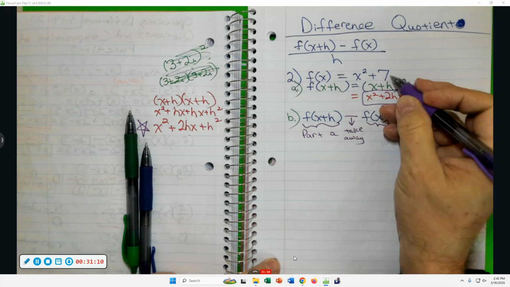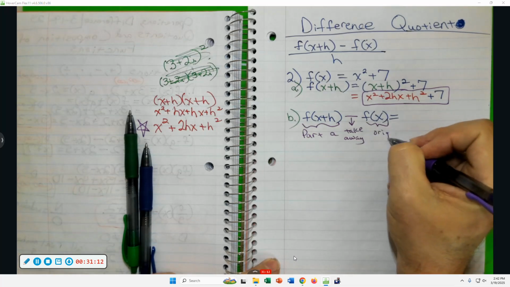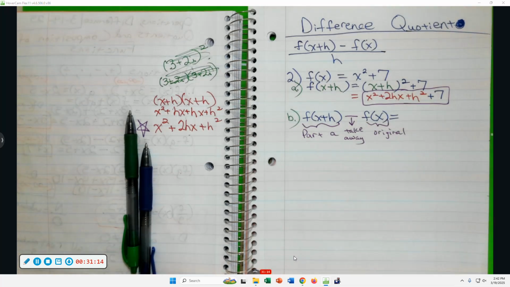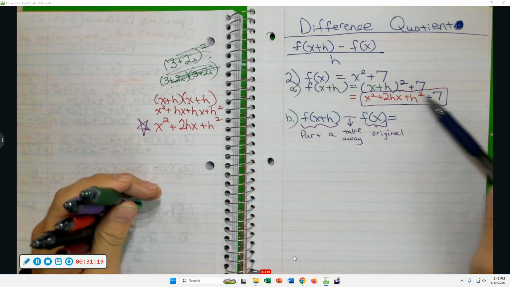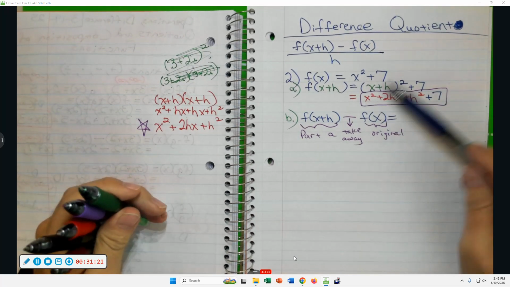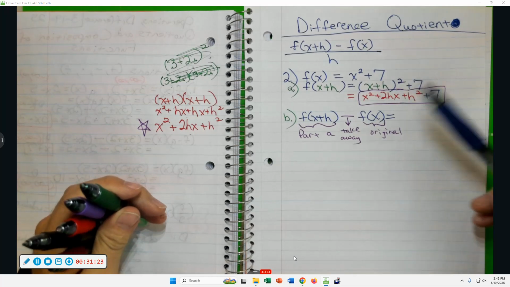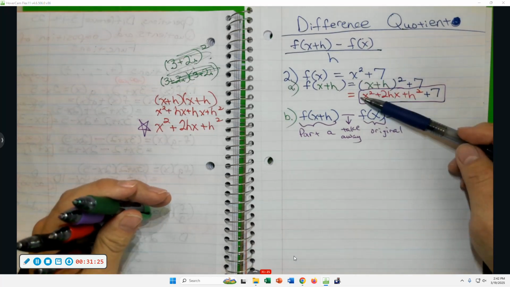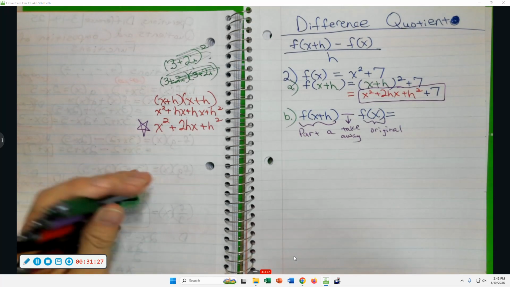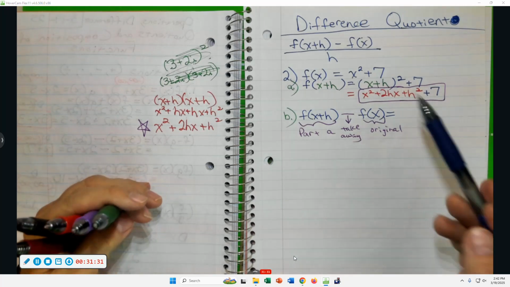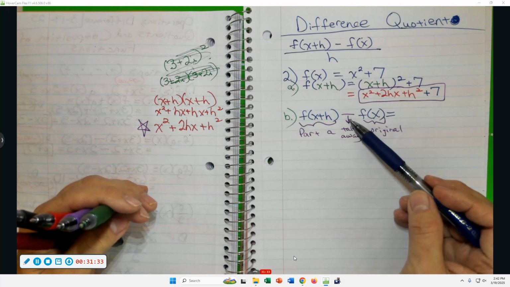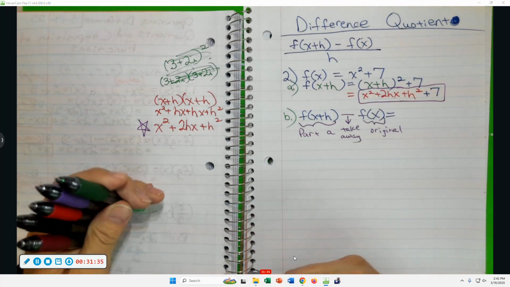F of x is the original function. I'll get us started. Here's f of x plus h. We're going to take away these terms here. So right off, x squared, we drop x squared. What else are we going to take away? X squared minus x squared.